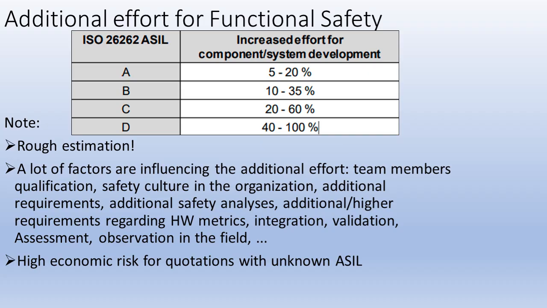There are plenty of other factors and points of view which need to be considered before you finalize the final effort of the functional safety. A lot of factors influence the additional effort: team members' qualification, safety culture in the organization, additional requirements, additional safety analysis, higher requirements regarding hardware metrics, integration, validation, assessment and observation in the field.